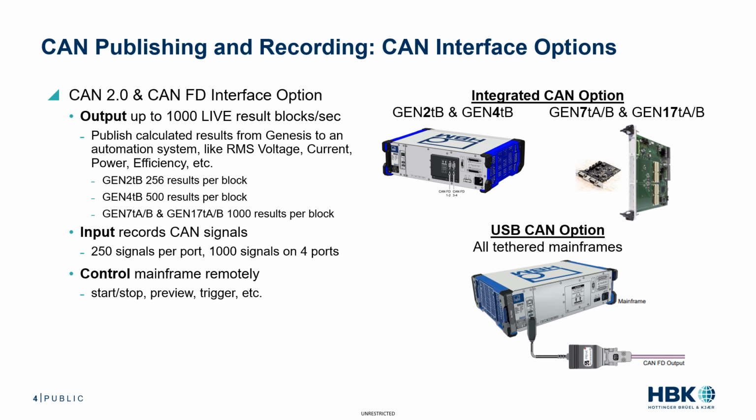The output allows you to publish calculated results like RMS voltage, current, power, etc., whatever you decide, and we'll describe how to set that up in a moment. The number of results that can be published per block is based on the mainframe as shown here. The input allows you to record up to 250 CAN signals per port, so with 4 ports, that's 1,000 signals. And the remote control capability includes commands like start, stop, preview, trigger, etc.